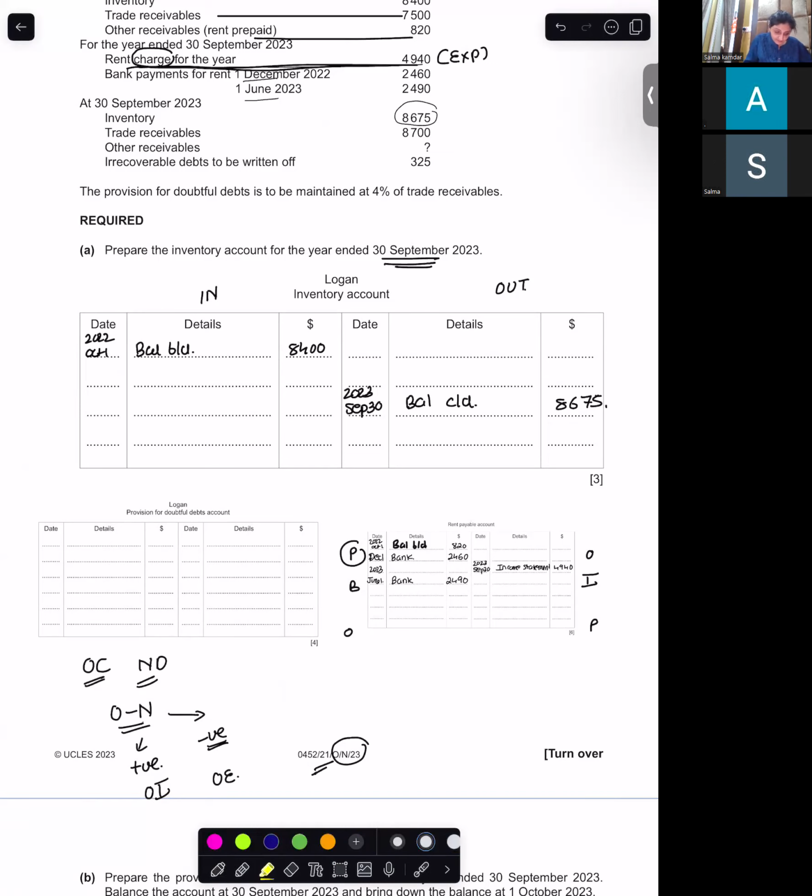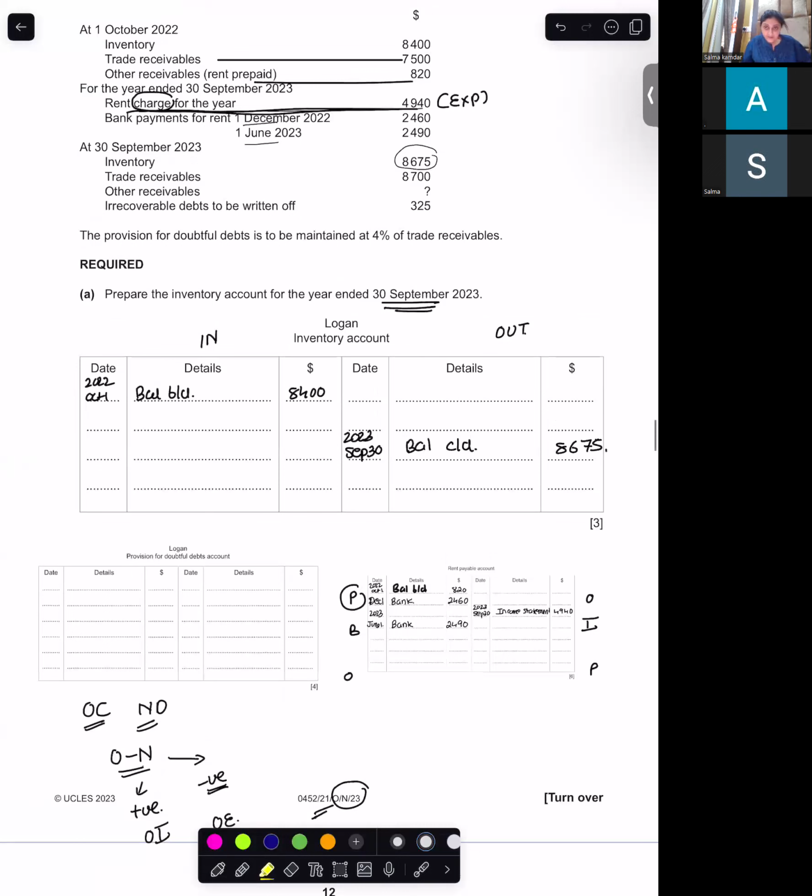Miss, there was nothing in the inventory account except the balance brought down and the balance carried down. Now I have opening trade receivables and closing trade receivables.